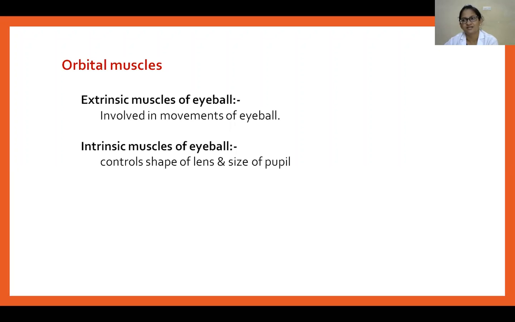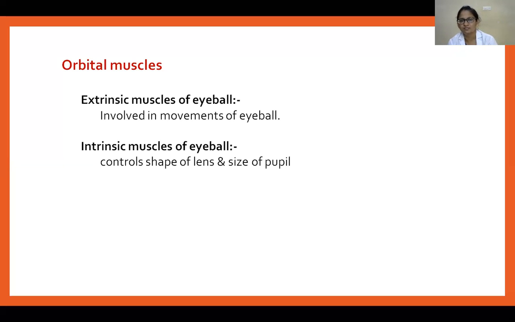What is the main function of the extraocular muscles? They are the extrinsic muscles of the eyeball, and they are involved in the movement of the eyeball. Whereas intrinsic muscles help to control the shape of the lens and the size of the pupil.